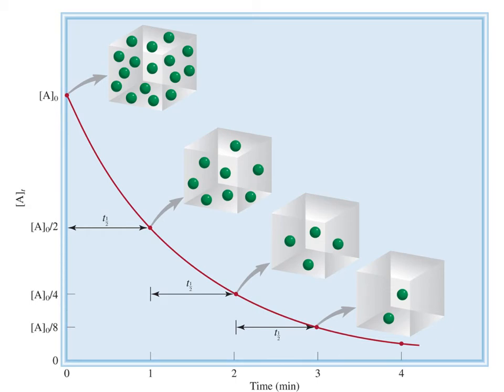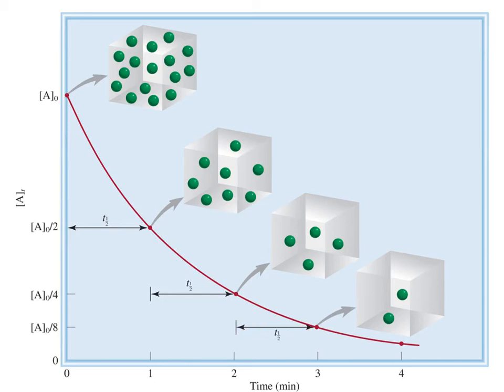At the original concentration, there's 16 balls per cube. And when the concentration halves to 8, the amount of time it takes is the half-life, t sub 1/2. Now you've got 8 and you want to halve that to 4, then you've got to wait the same amount of time, and now you've got 1/4 of what you started with.